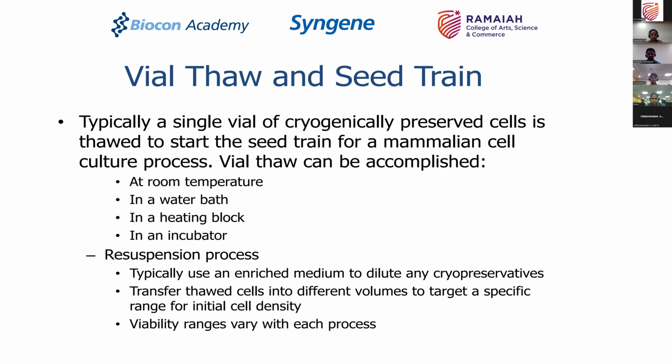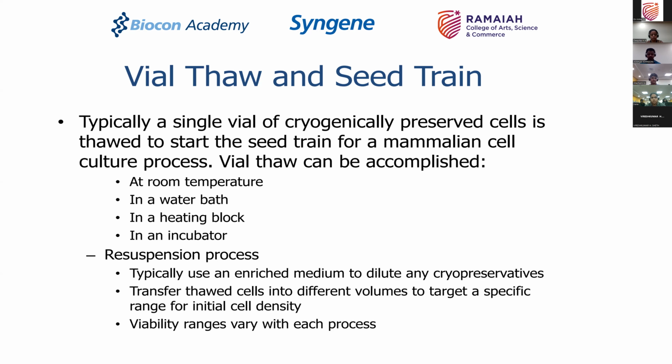So you are growing the cells in these media in a shake flask or in a spinner flask or whatever equipment you use, so that you can achieve a cell density.